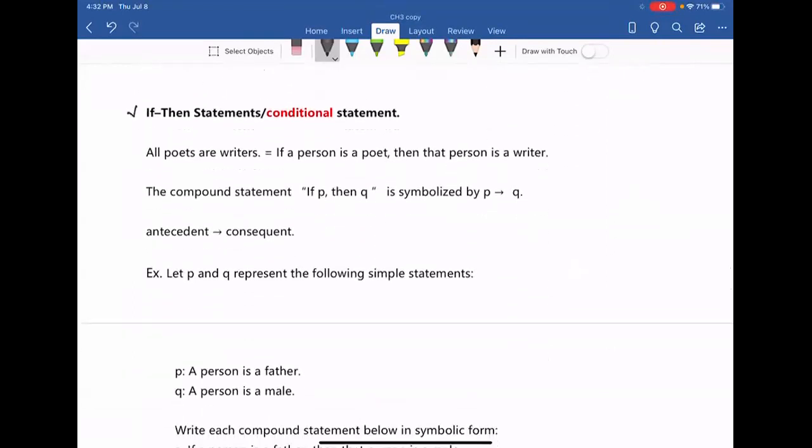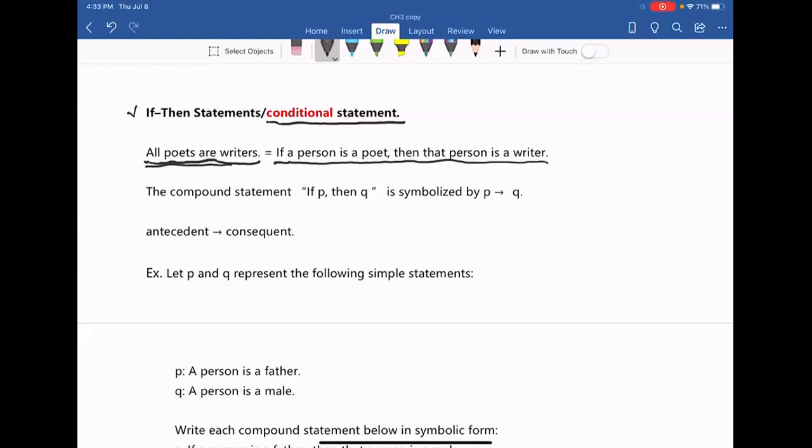The if-then statement, or I can say the conditional statement. We learned a statement: all poets are writers. It equals "if a person is a poet, then that person is a writer."